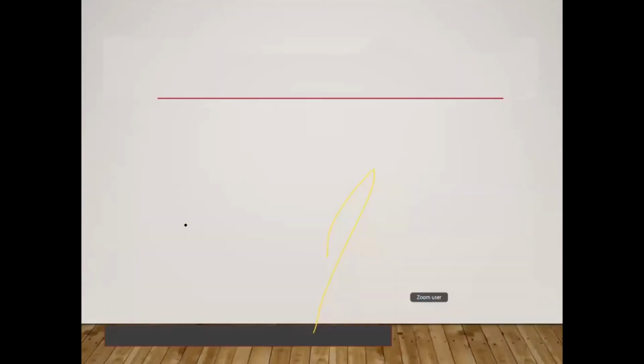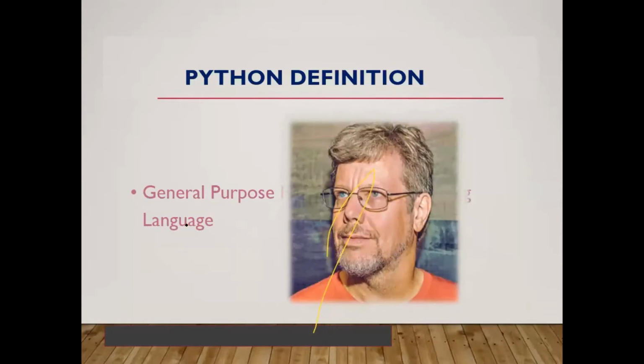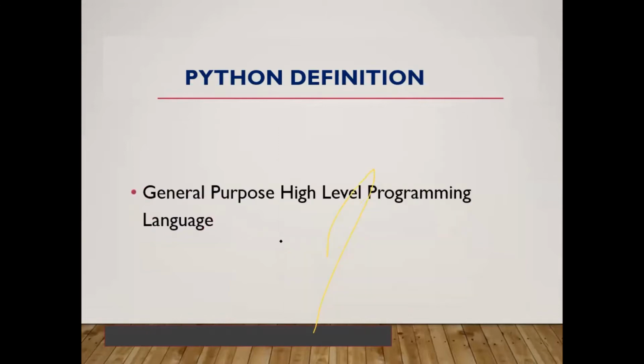First of all, Python is gaining popularity in today's world. Python is a general purpose language, written by the Dutch programmer shown on the screen, Guido van Rossum. We can say this language is a general purpose, high level language.